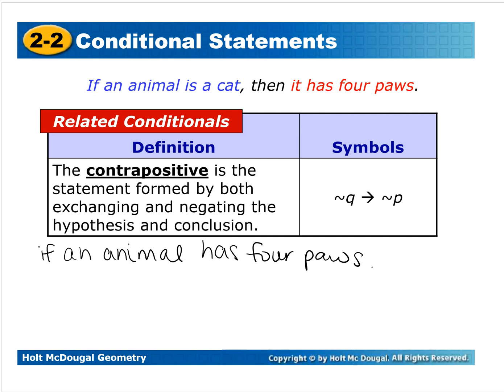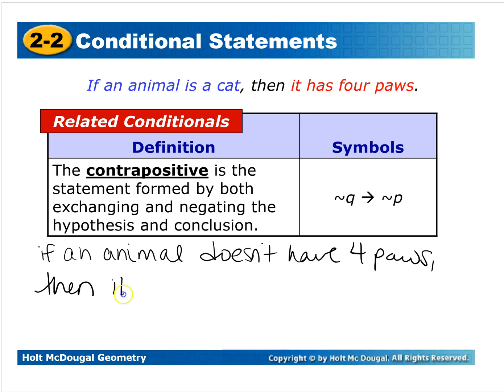So where would my not go? If not an animal? No, it would go right by my verb here, okay? So if an animal doesn't have 4 paws, then it, and don't forget your not, then it's not a cat.